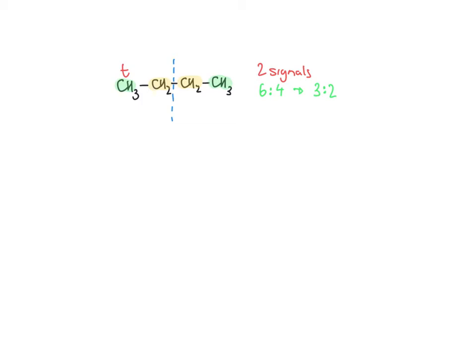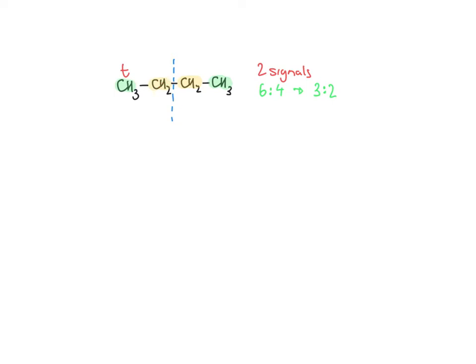If I look at the signal for this environment and what's adjacent to it, if you've got an equivalent environment, then that doesn't count. So we're looking at different hydrogen environments that are adjacent to what's producing our signal.